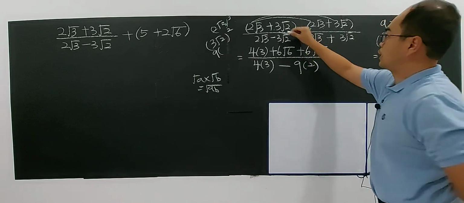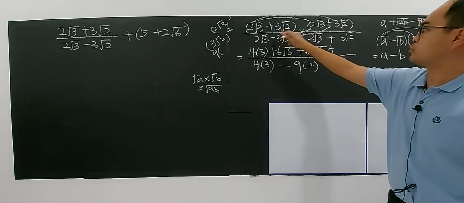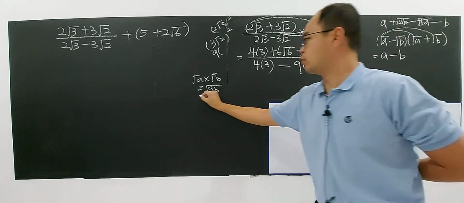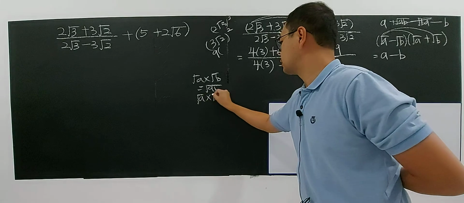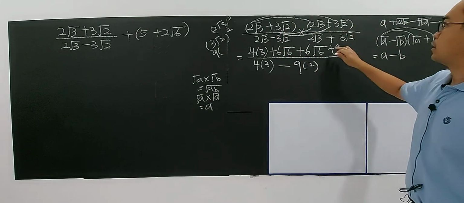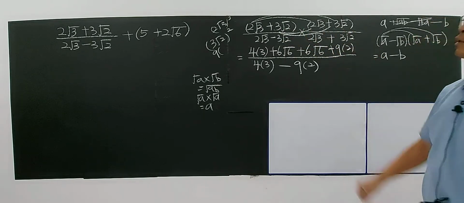Next, the last one will be positive. 3 times 3, you have 9, and square root of 2 times square root of 2. If you have two identical surds, then you will get the number inside. So 9 times 2.